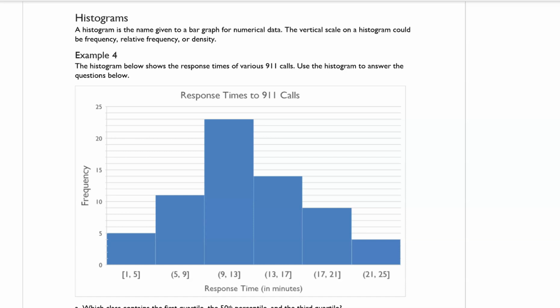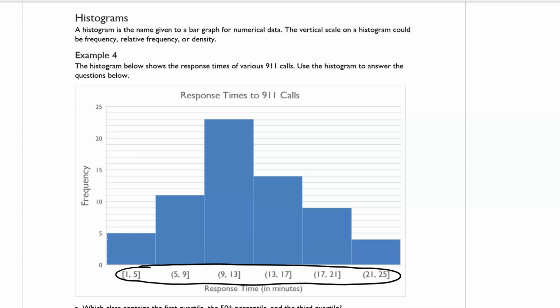So I want to emphasize again the difference between a bar graph and a histogram. In a histogram, if you look at this axis here, these are represented by numbers. And because there's infinitely many numbers, what we do is we chunk them into what we call intervals. So the first interval is between 1 and 5.